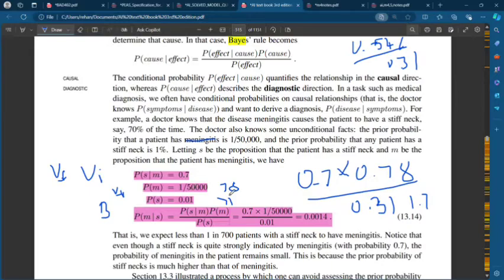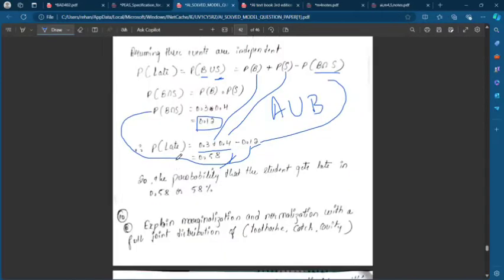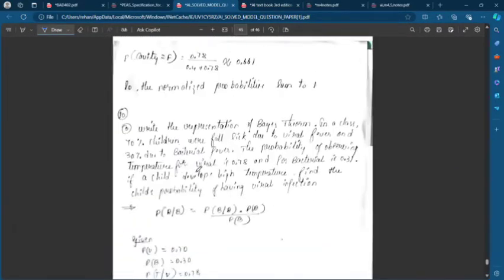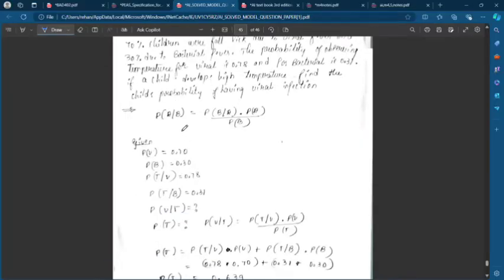So P of S comma M is not there. If I take this as just 0.7 and this as 0.3, I have to find the remaining values. Let's see how he has done here. What is A, what is B?